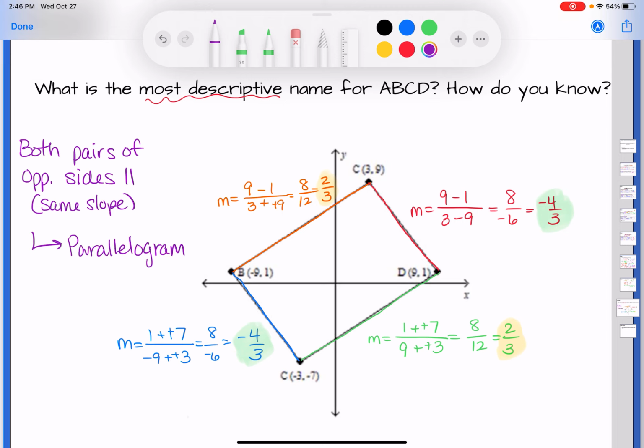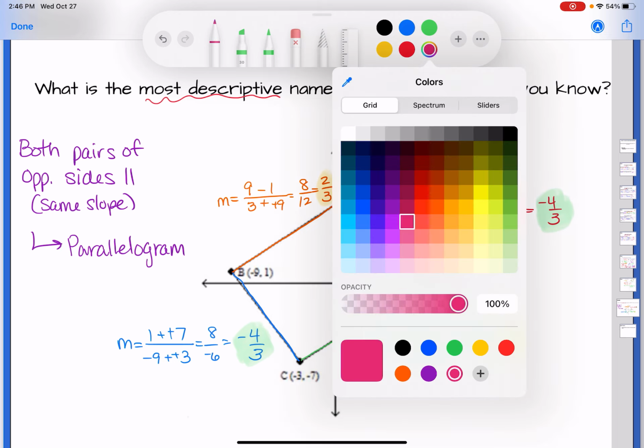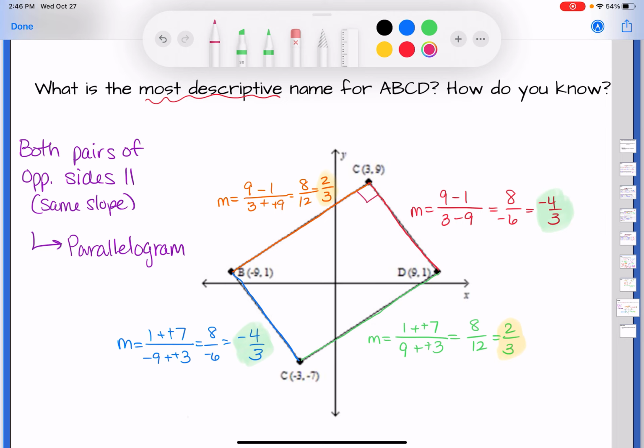Now, I can't stop here though, right? I know that it's a parallelogram, but what if it was a rectangle? Or what if it was a rhombus? How am I going to figure that out? Well, let's think. Rectangle and rhombus. For a rectangle, I know that I would have to have right angles. So if I had a right angle here, then those two lines are supposed to be perpendicular, and the slopes are supposed to be opposite reciprocals.